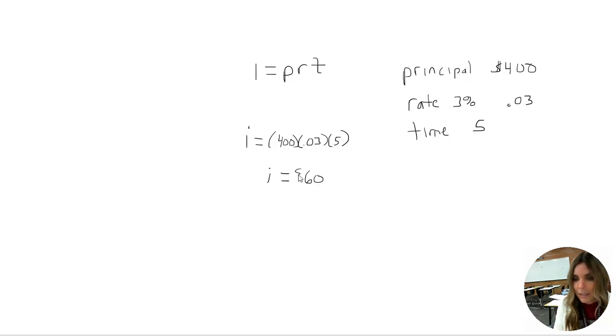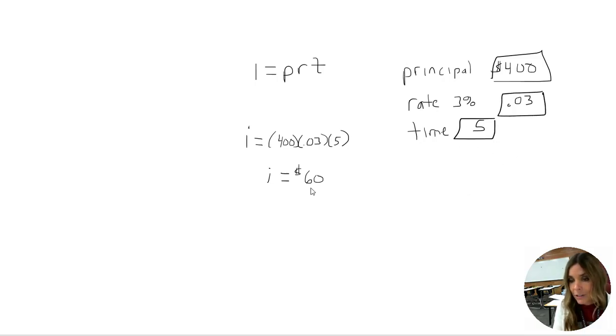Okay, so if she deposits $400 into a savings account and it earns a 3% rate and she leaves it in the account for 5 years, she's going to make $60. So just for having her money in the bank, she makes $60. Okay, let's try another one.